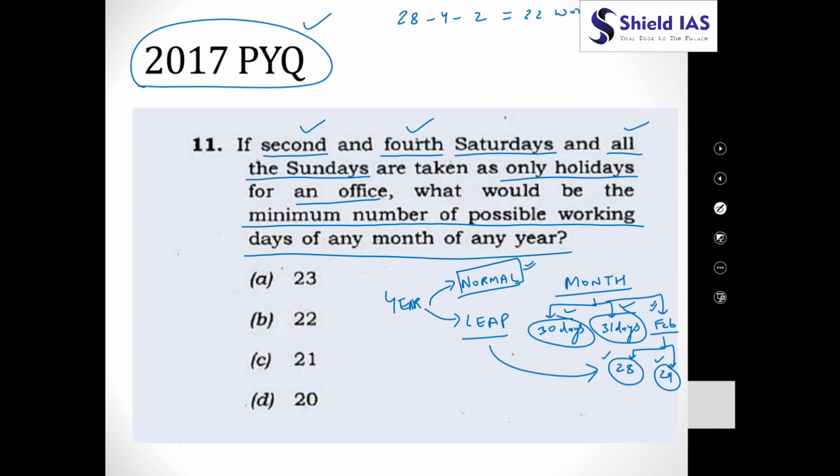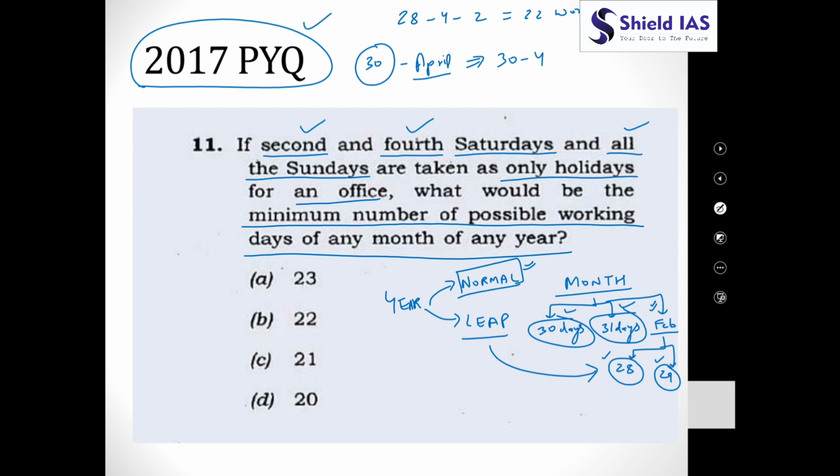Now just to remove the confusion, let us see the minimum number of working days in the month of, let's say, April. Total number of days is 30. At least 4 Sundays will be there.